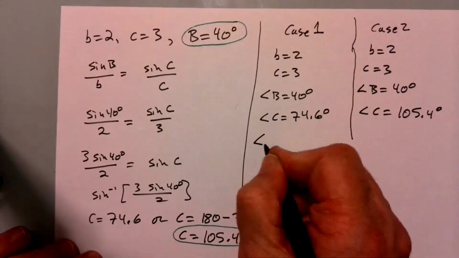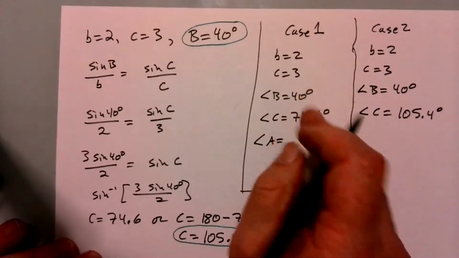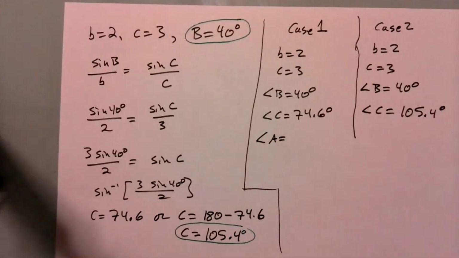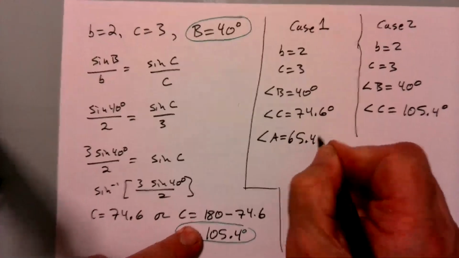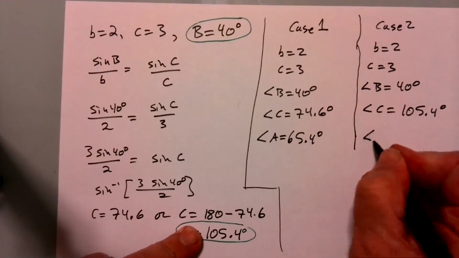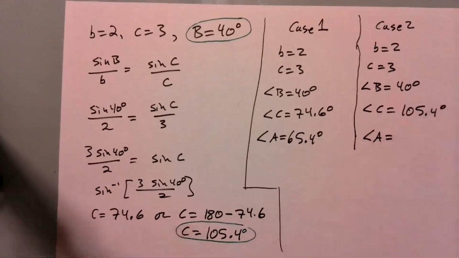Angle A, we know these guys have to add up to 180. So what's 180 minus 40 minus 74.6? I get 65.4 degrees. And over here, what's angle A? 180 minus 40 minus 105.4.